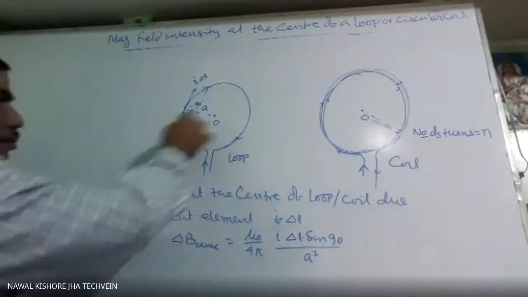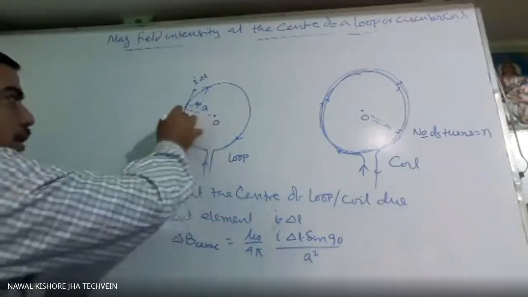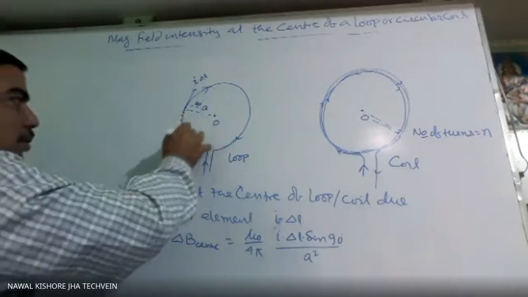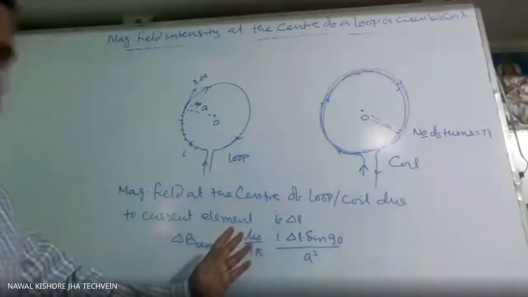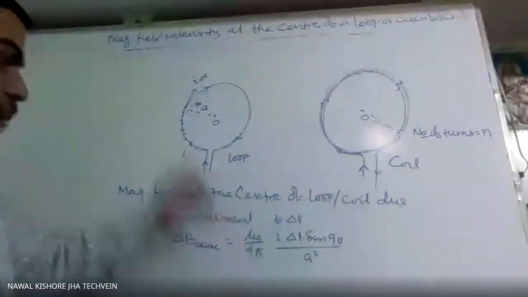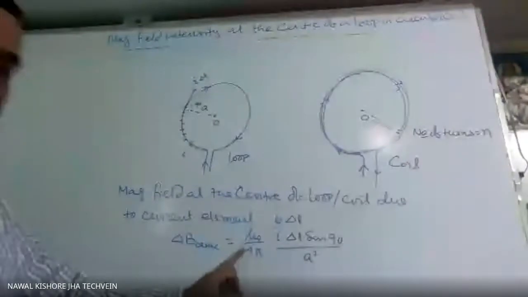Now, if we find the total magnetic field due to all the current elements, suppose a large number of current elements we are considering, what is the difference? What is variable? I will be the same, A square is the same, sine 90 is 1 only. So the only variable is delta L. So delta L will keep on adding.